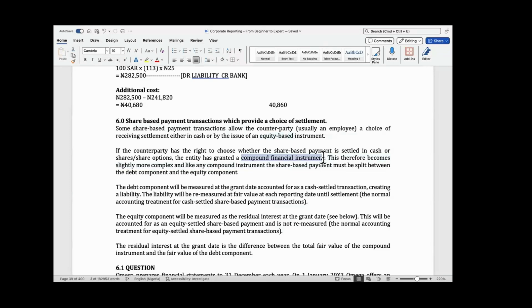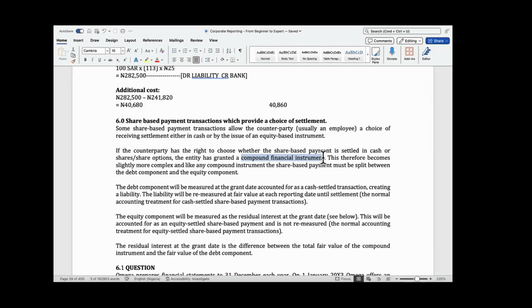It's compound because for us, it could go both ways, it could be either cash, where we have to pay cash, or it could be shares, where we have to issue shares. But since we are not sure at the date we are accounting for it, we will need to consider both of them.